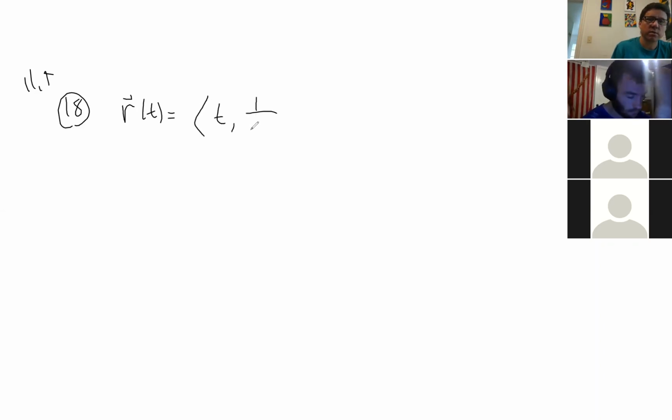Oh, okay. This is actually not too bad. So you're given the position function here as t and 1 over t squared plus one.